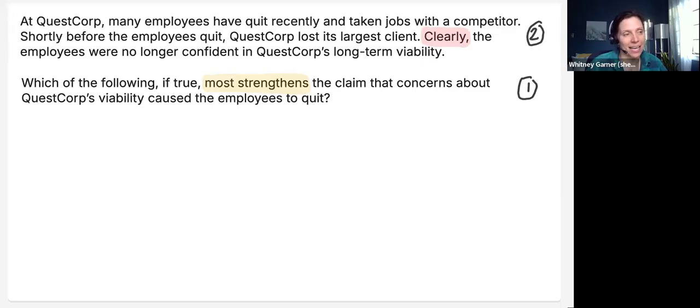So I had one person privately say, there's a whole bunch of reasons. Agreed. There are a whole bunch of reasons. Like, sure, maybe losing this largest client, that could be the issue, but there are other things that could be at play.